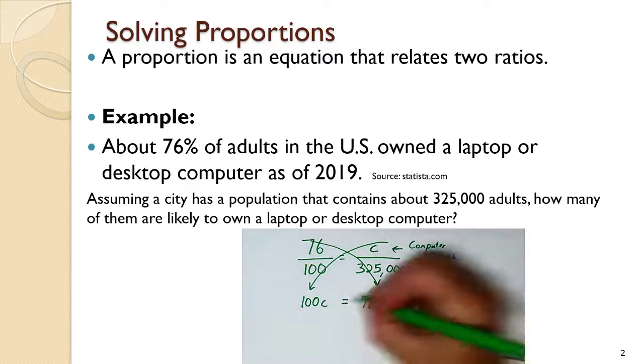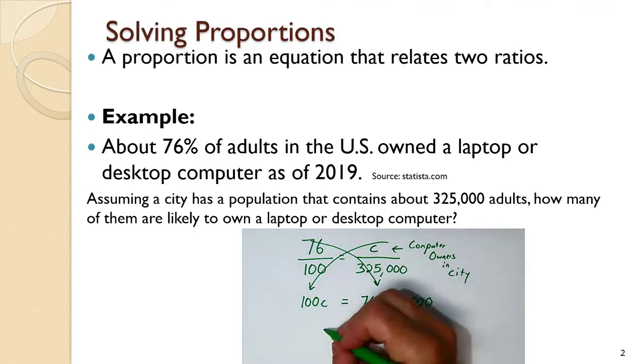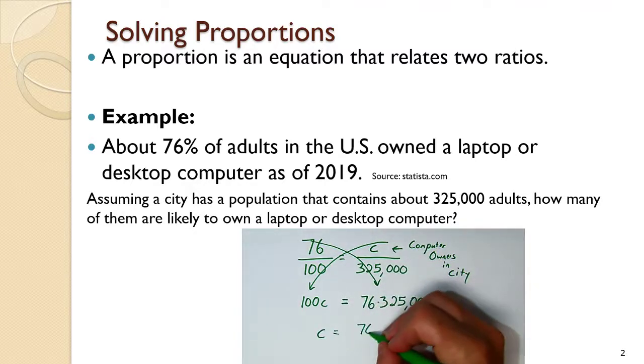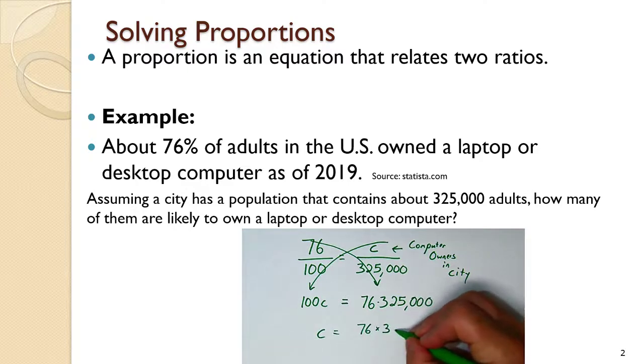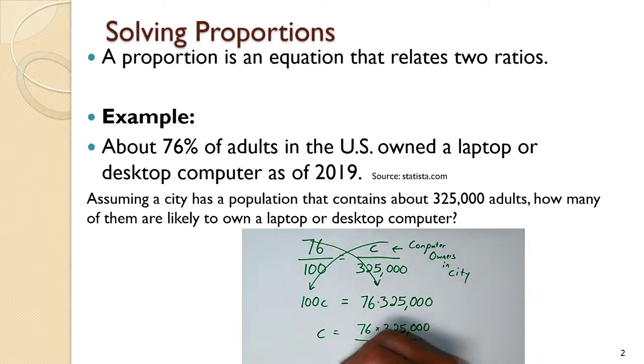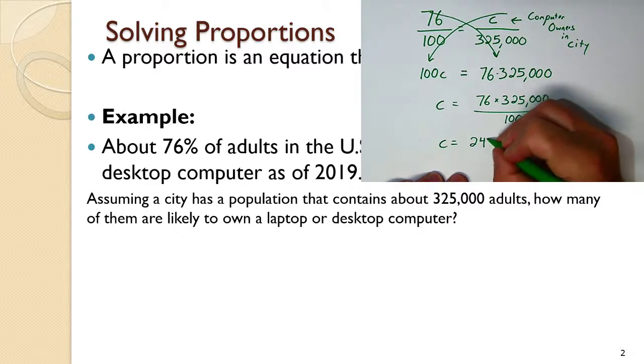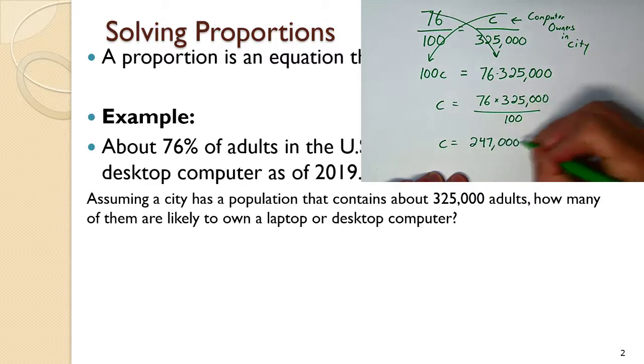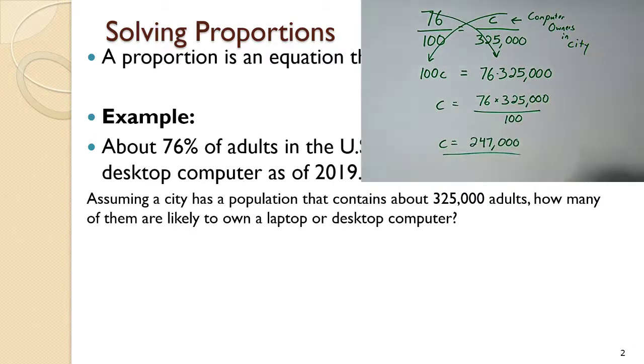And since they have to be equal, I can solve for C by doing the division there. I'm going to take 76 times 325,000 and then divide by 100. And that'll give us our result. And no surprise, we get 247,000 or so computer owners in the city.